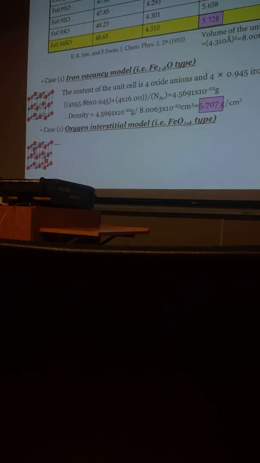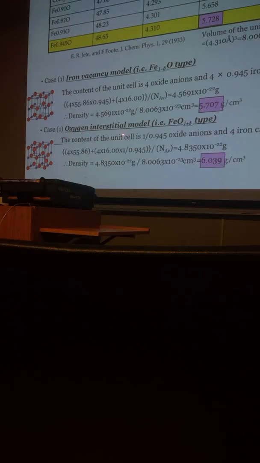If you do the same thing for the oxygen interstitial model case, how do you do this? In this case, we have to consider the oxygen excess. So the oxygen number is 1 divided by 0.945, more than 1, right? 1.45 or something like that. It's a very small number, but indeed oxygen excess.